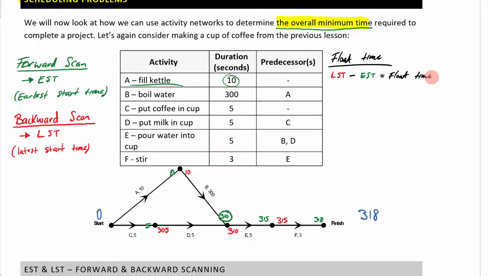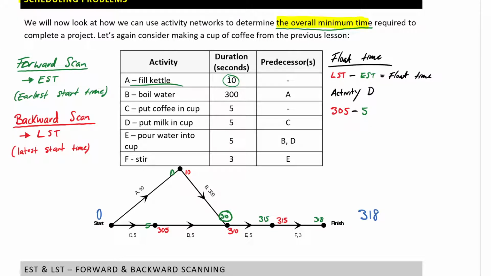So for instance, for activity D here, we can say, all right, my latest start time for activity D is 305, and my earliest start time for activity D is 5 seconds.